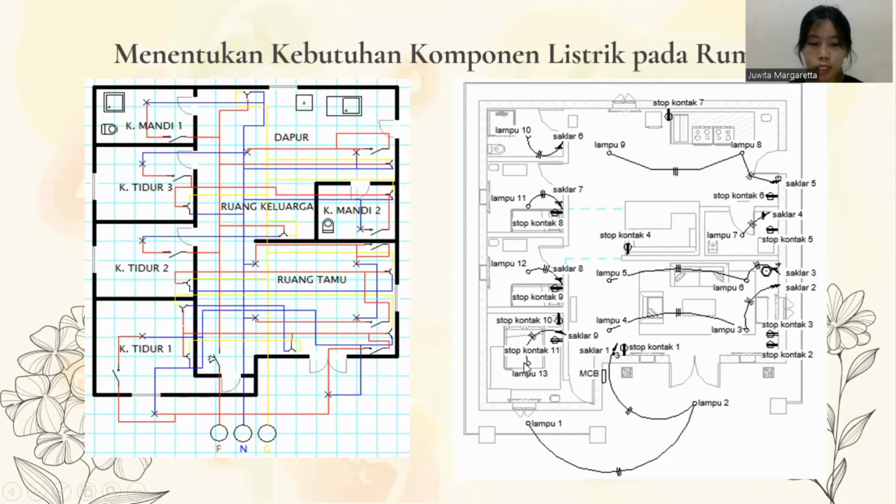At this main bedroom, I use 1 light, 1 single switch, and 2 electric sockets. At this first kid's bedroom, I only use 1 light, 1 single switch, and 1 electric socket. At this second kid's bedroom, I use 1 light, 1 single switch, and 1 electric socket. At the first toilet, I use 1 light, 1 single switch, and 1 electric socket. And at the second toilet, I only use 1 light and 1 electric socket.